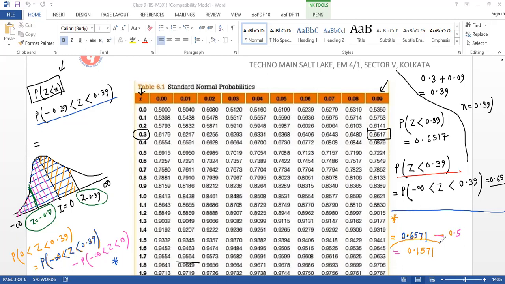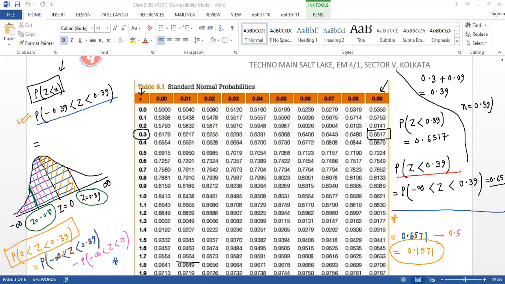So this probability, you see, this is the probability of which portion? This is the probability of this portion. Okay. Now, but we are interested in finding this probability. This is the thing that we were interested in finding.